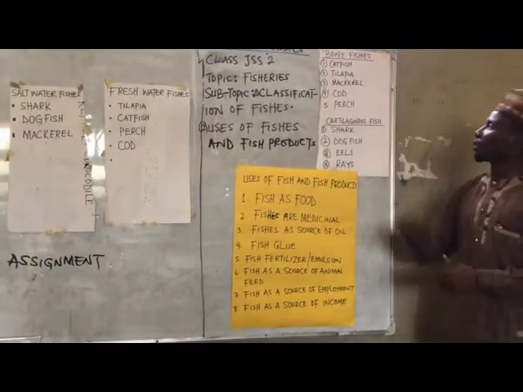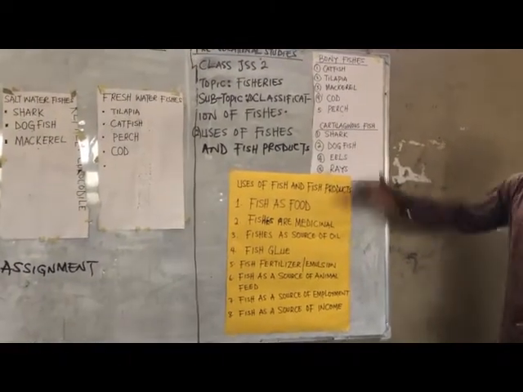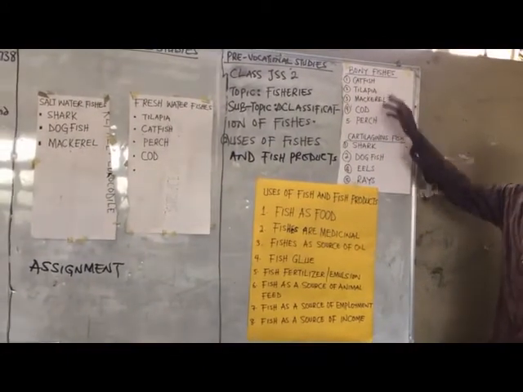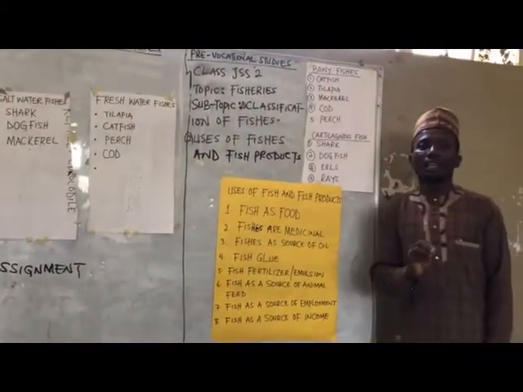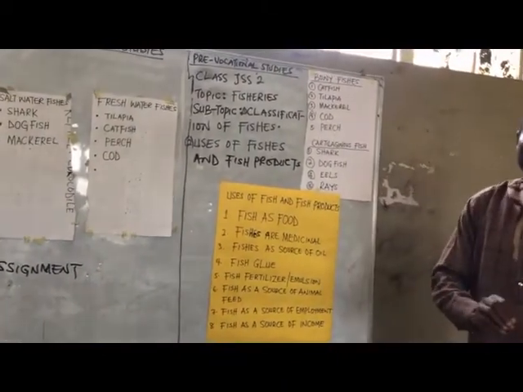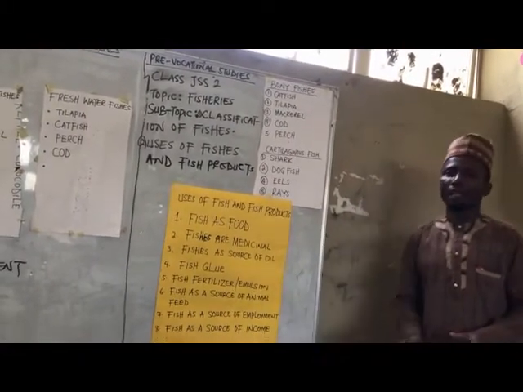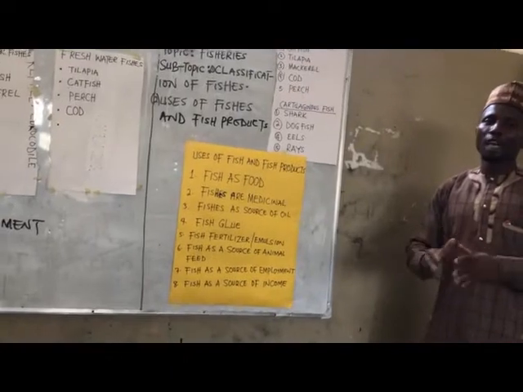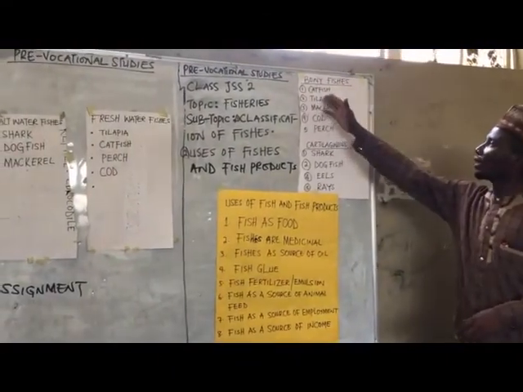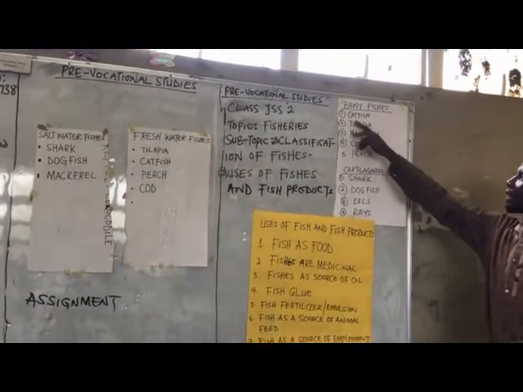Bony fishes can survive in a harsh environment, and they are easy to rear. If you're a beginner and want to go into fish farming, it is advisable to go into rearing of bony fishes.